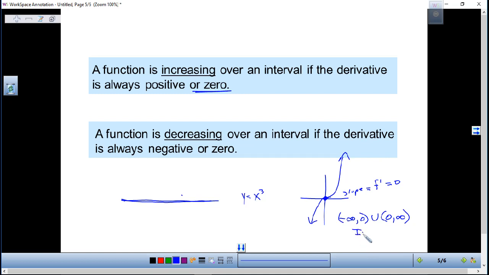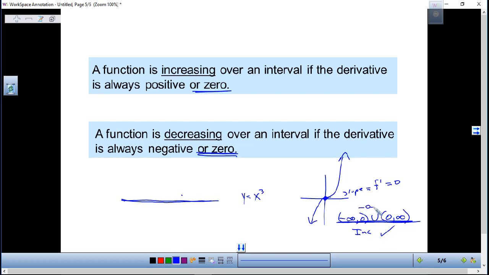If you say it's increasing, but you say it like that, where you notice we're not including 0 in this, that would be completely right. It would be accepted by AP. So whether you include that 0 or not doesn't matter, because they would give you the credit.